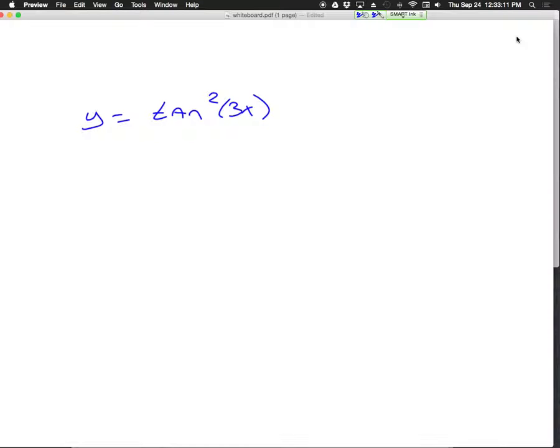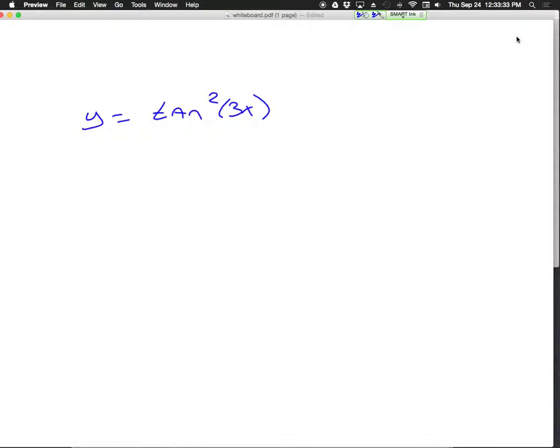So we have 2 chain rules. Why do I have 2 chain rules, Peter? Because it's squared and then tangent. Okay, so the outermost function is the square. The next function is the tangent, and then inside of tangent is the 3x. So we've got a chain inside of a chain.